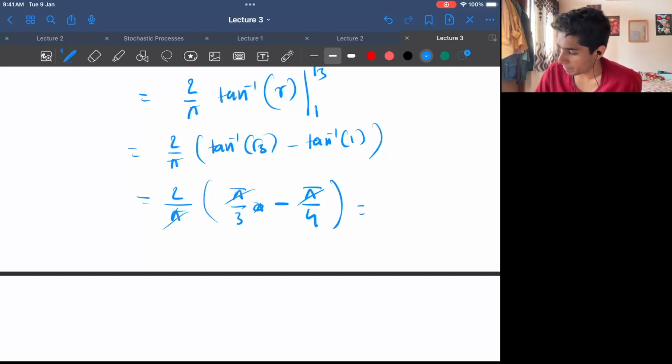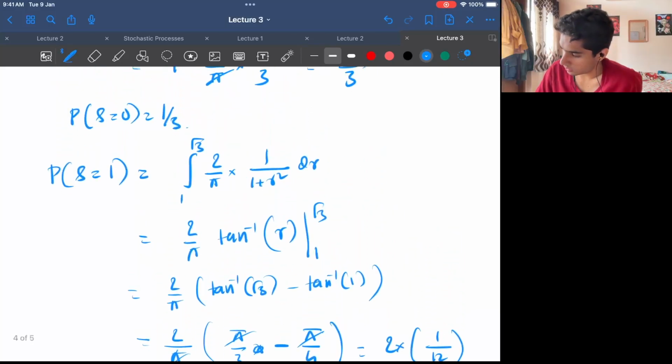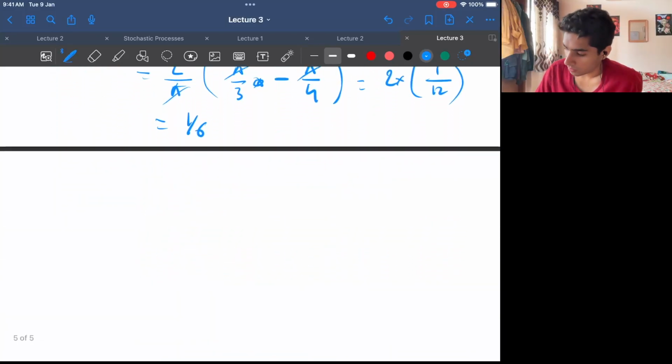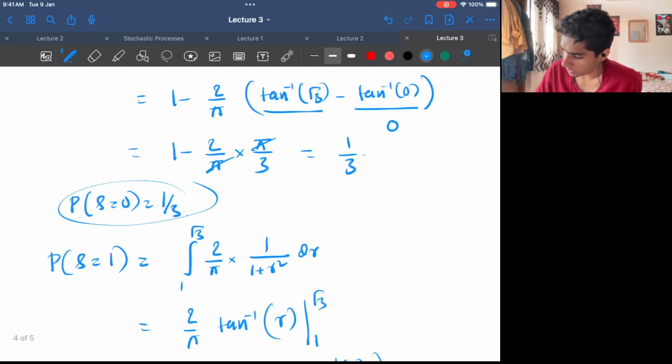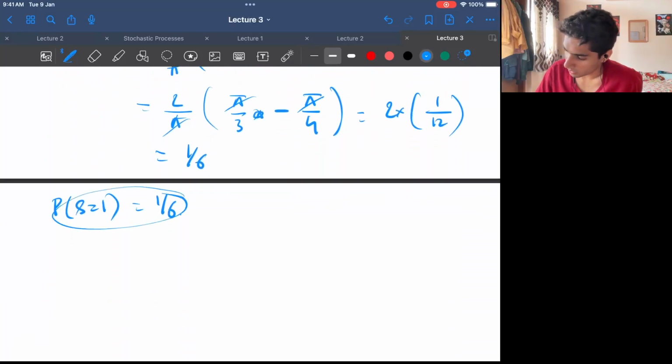What will this become? 2 into (4 minus 3) over 12. This will become 1 by 6. So probability of S equal to 1 is 1 by 6. S equal to 0 is 1 by 3, S equal to 1 is 1 by 6.